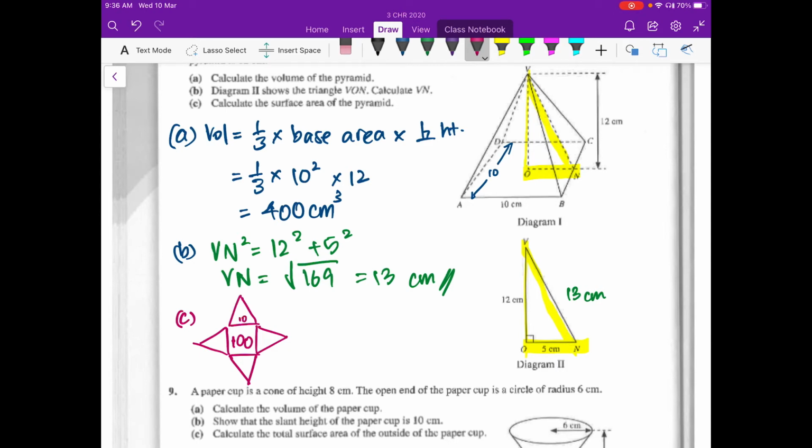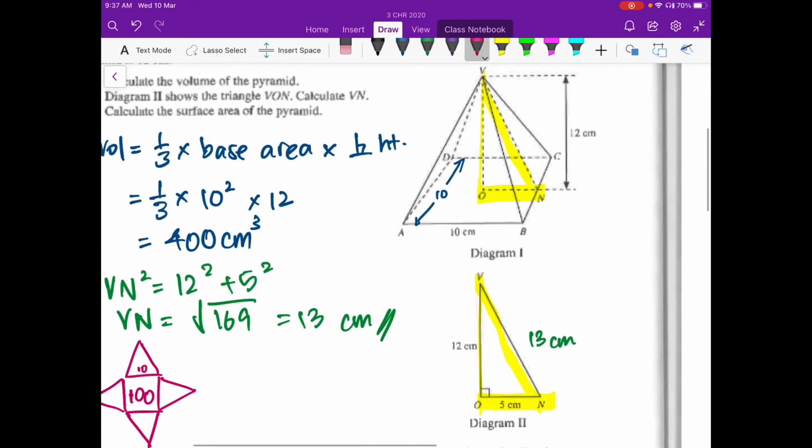And the perpendicular height of the triangle. Is it 12 or 13? Which one is the perpendicular height of the triangle? 13. Okay, so you see, this little green triangle corresponds to this big green triangle, right?